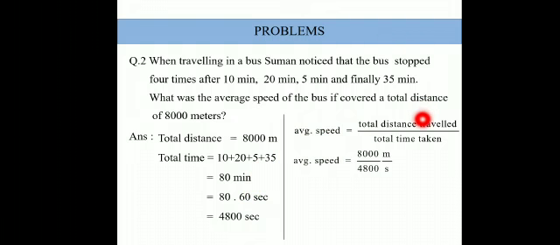If it is already given, we'll write it down and then substitute the values. Second step: get the right formula, do the substitution, and then do the calculation. And third step is the final answer. So average speed is equal to total distance traveled divided by total time taken. And then after that we can do the substitution: 8000 meters divided by 4800 seconds.